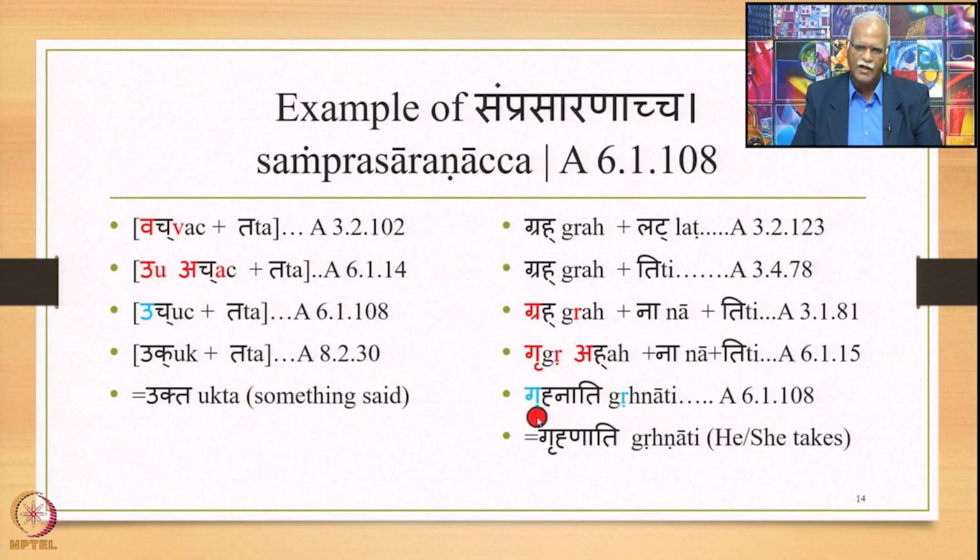So by doing that we have grihnati, which means he or she takes, he or she cognizes. So these are the samprasaranas, and this is the samprasarana substitute coming in place of two vowels, and the purva rupa sandhi takes place.